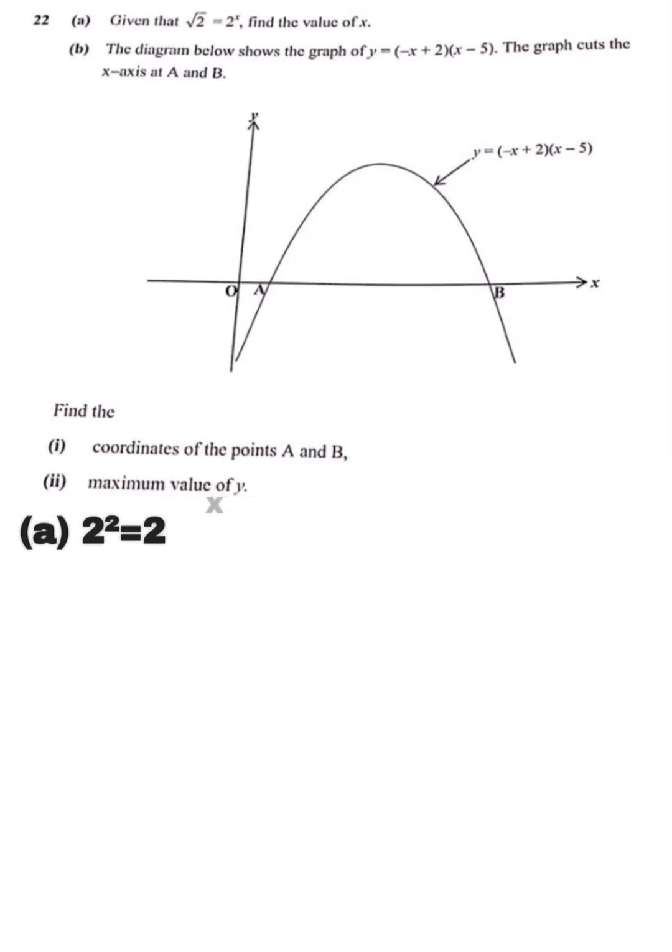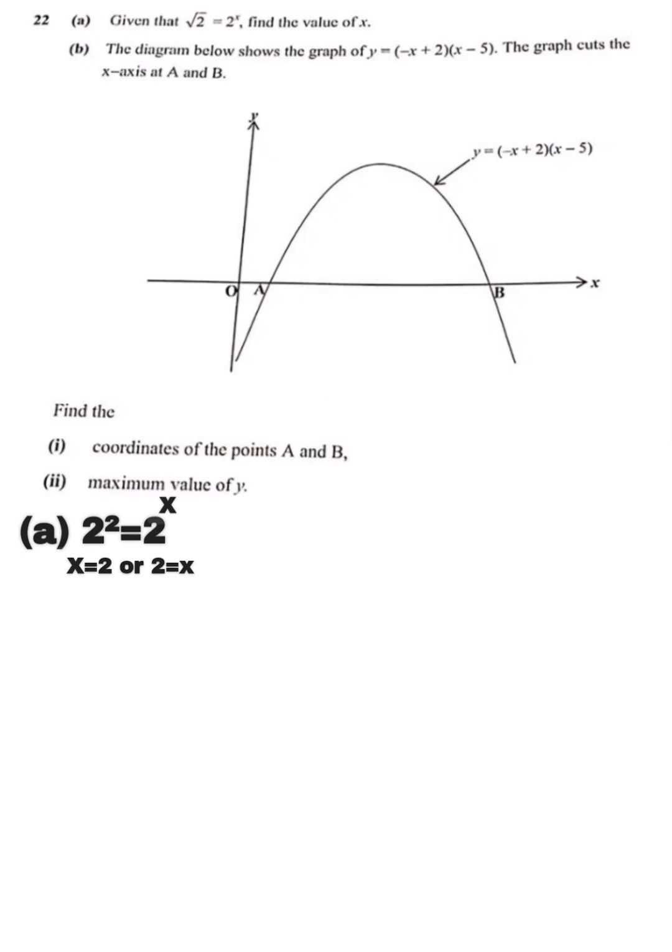Then I can equate it to 2 to the power x. You are going to find that the bases cancel each other. Then the value of x is going to be what? 1/2.